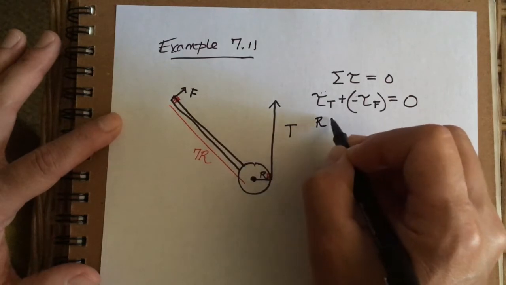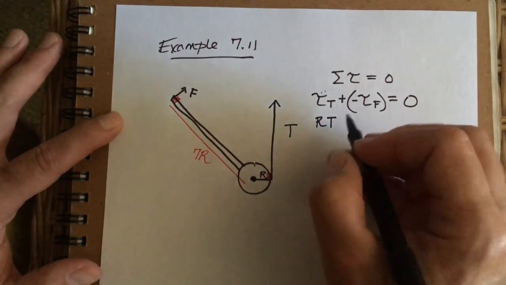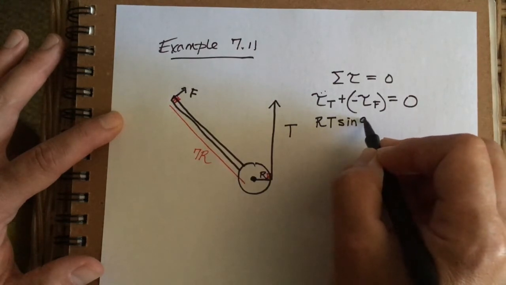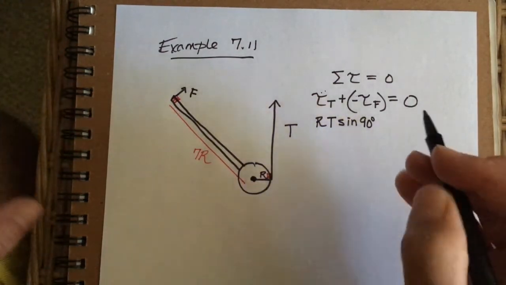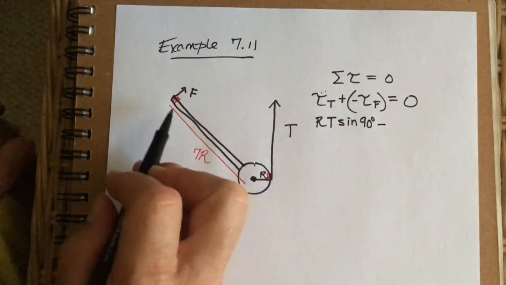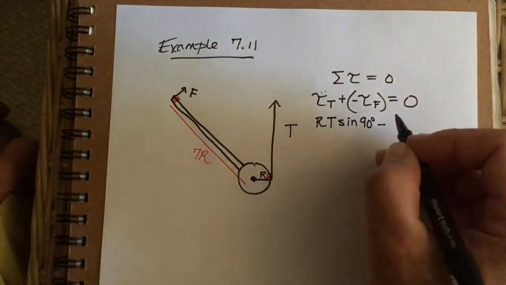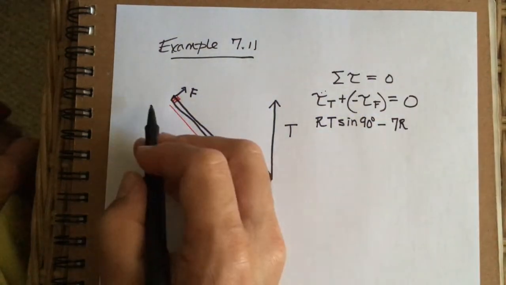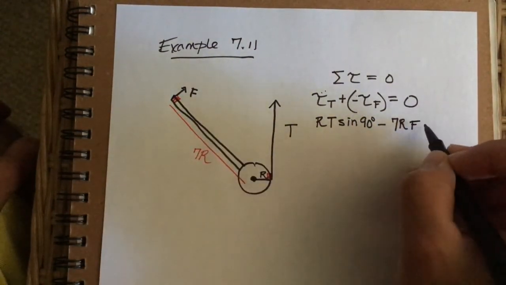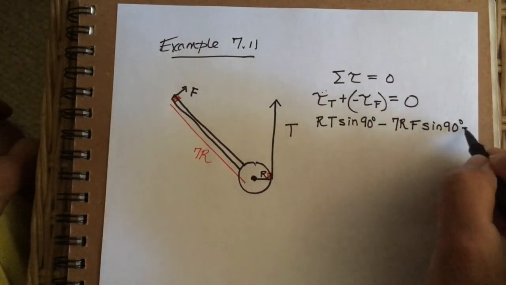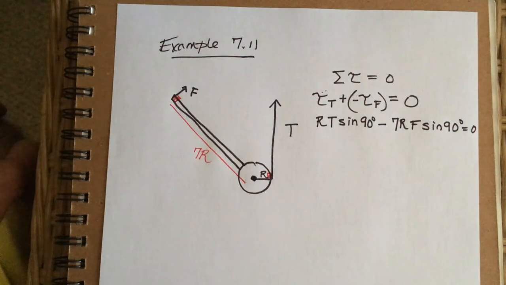I think I have enough room. r times the tension times the sine of 90 degrees, or phi. And we're going to go ahead and subtract that from this r value, which is 7r, times F times the sine of 90. And that's going to equal 0.